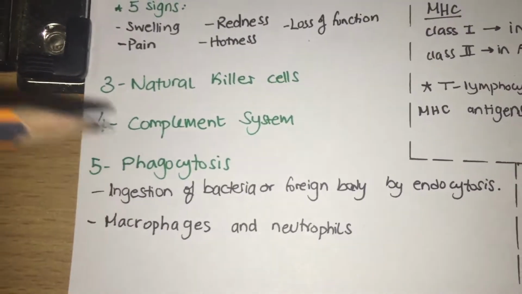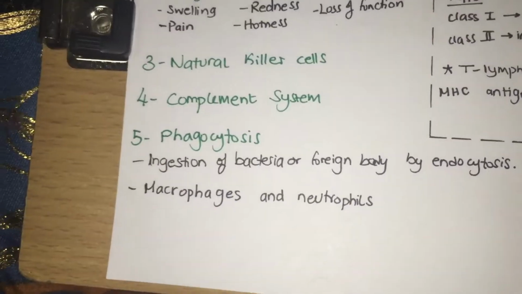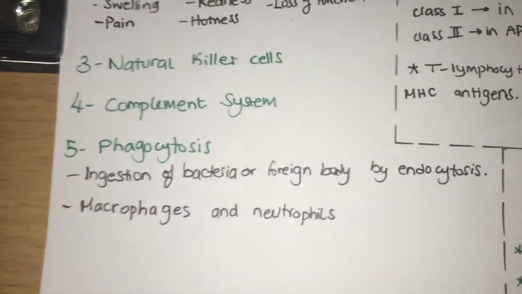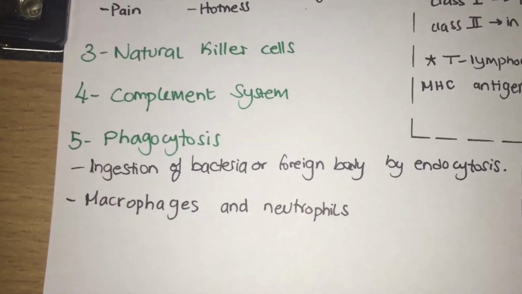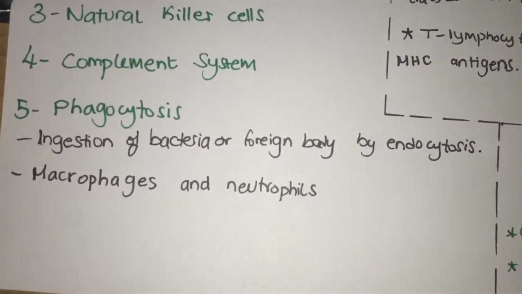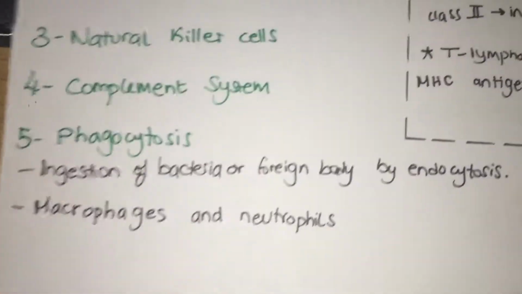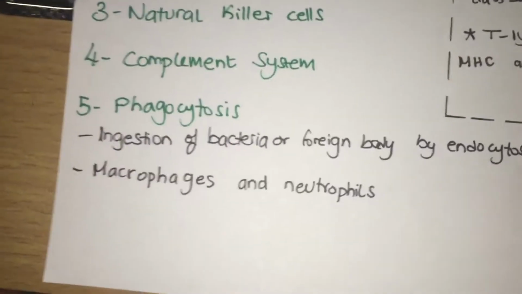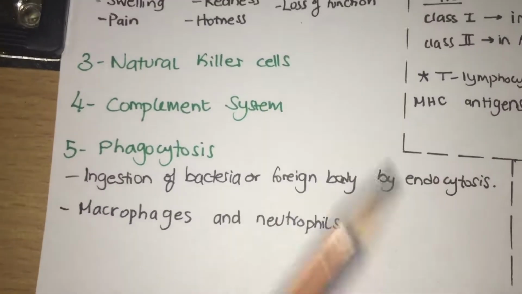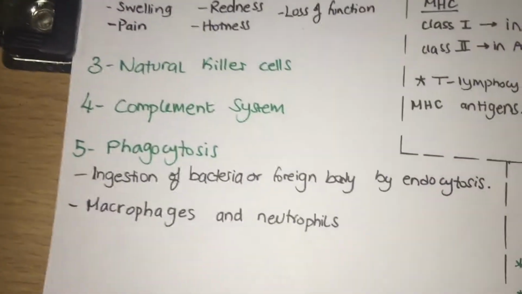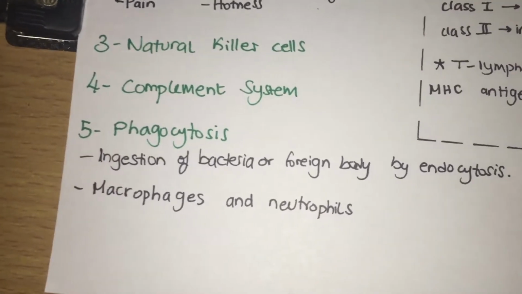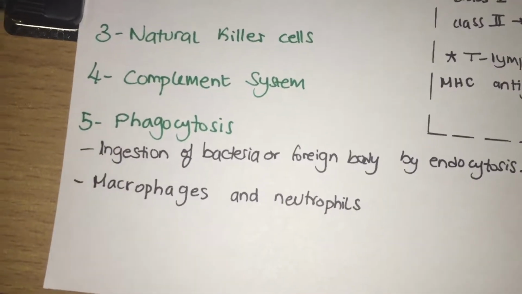And we have phagocytosis. Phagocytosis is basically the ingestion of bacteria or foreign body by endocytosis. Endocytosis is the process known as cell eating. It's the process of engulfing a substance in a vesicle and entering it in the body.